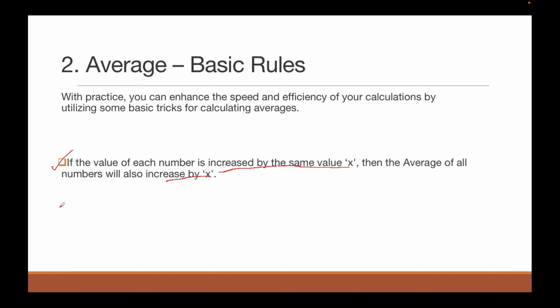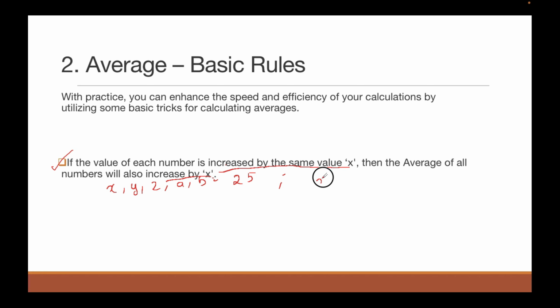Suppose I have average of 5 numbers. Let us consider that the 5 numbers are x, y, z, a and b. The average of all these numbers is 25. Got it? Now it's written that the numbers would be getting increased by 5, right?